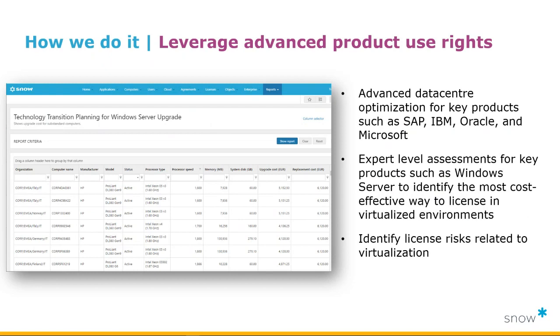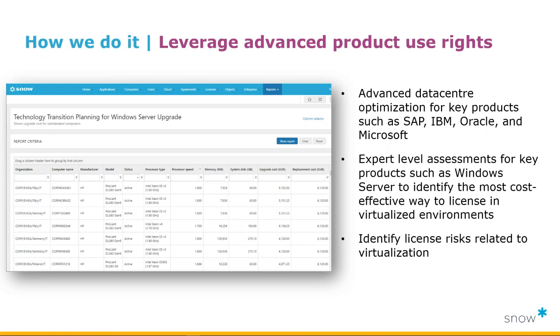So I've spoken quite a lot about optimization, but it's worth highlighting that Spend Optimizer has a lot of benefits in regards to cost and time savings as well. So for things like your enterprise data center optimization, and that goes across the likes of Microsoft, IBM, Oracle, and SAP.